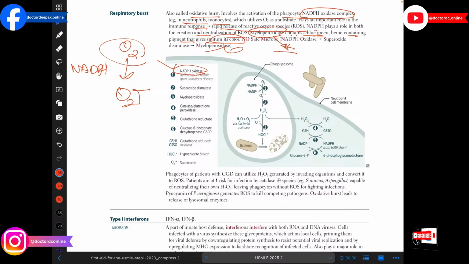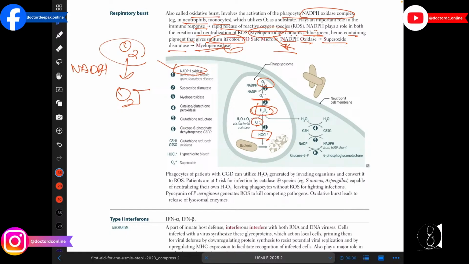There's a mnemonic that NADPH oxidase is going to release superoxide dismutase, and that is going by myeloperoxidase. What is going to happen? The oxygen converts into a radical, and that radical becomes hydrogen peroxide, and the hydrogen peroxide combines with chloride ion, and then it becomes hypochlorous acid by the help of myeloperoxidase.